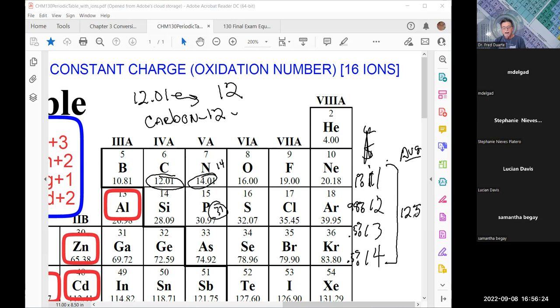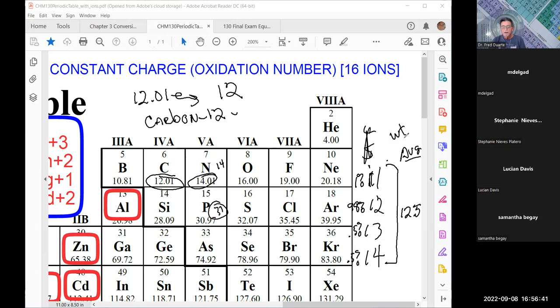Now, as I take that average, every number, 11, I have to multiply by 1%, 12, I need to multiply it by 98%, 13 by 0.5%, etc. So I get what's called a weighted average.